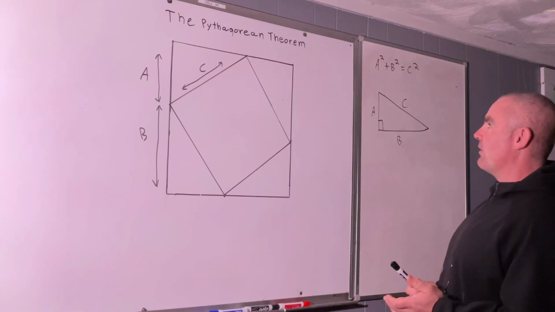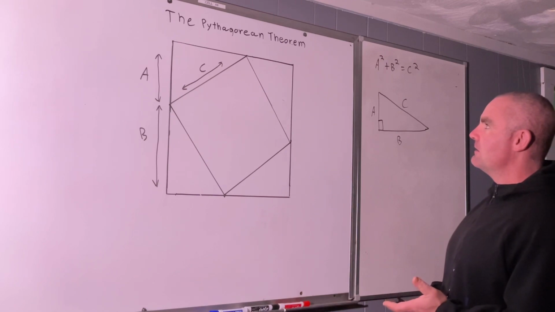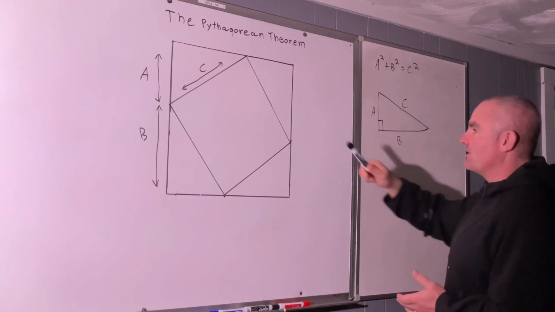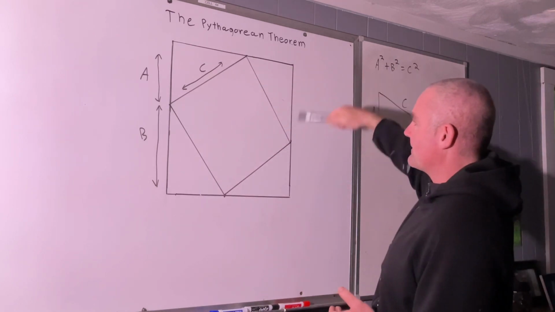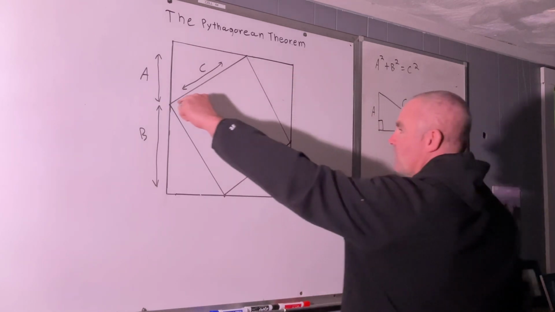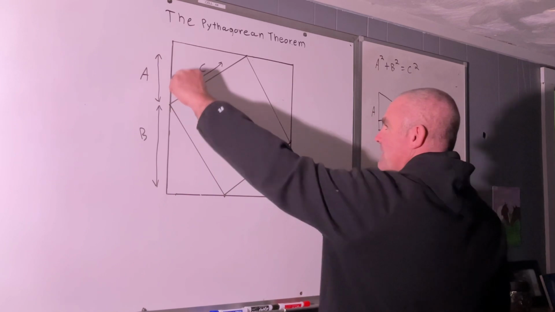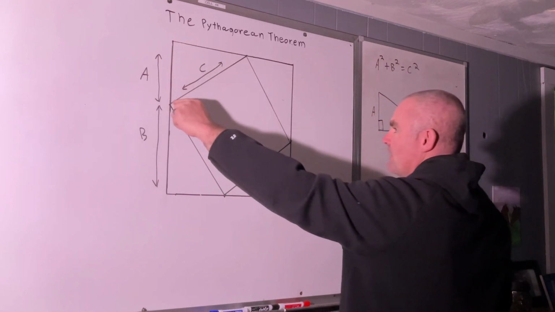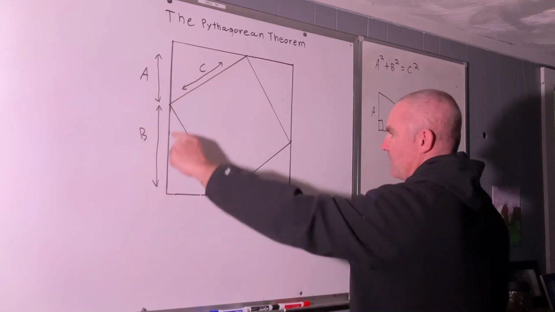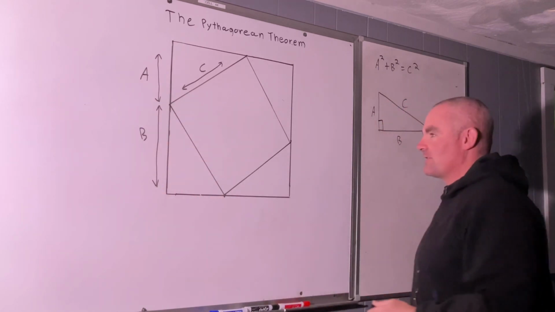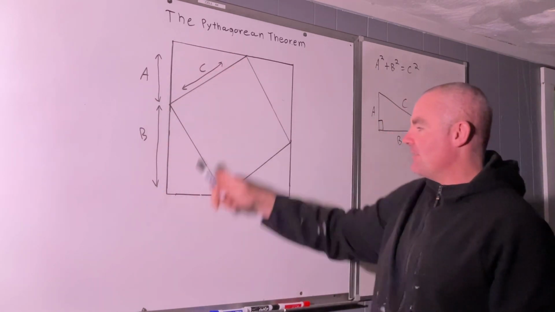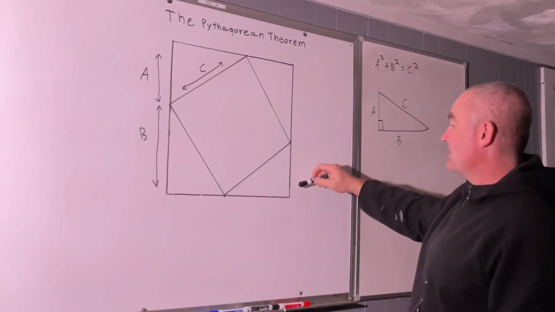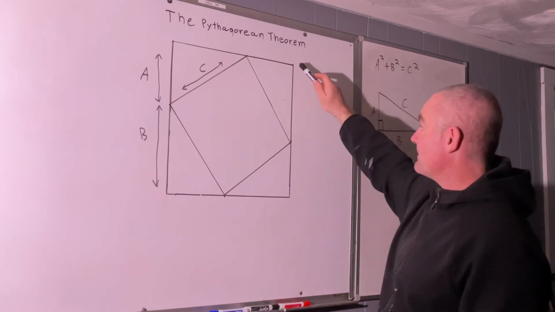But anyway, let's get going. So how are we going to get a squared plus b squared equals c squared from this? Well, you'll notice I labeled this line right here A, and this line right here, B. And you'll notice that if this is A, this is also going to be A. So is this, and so is this.